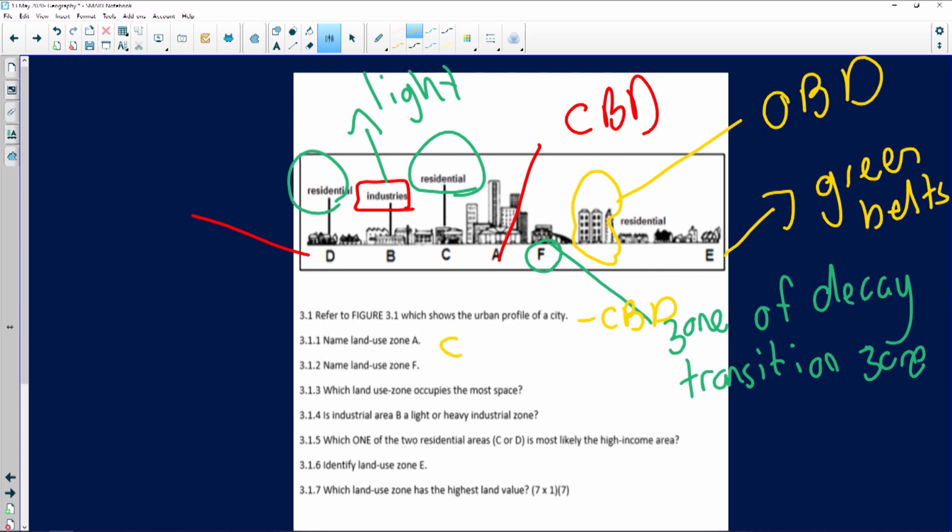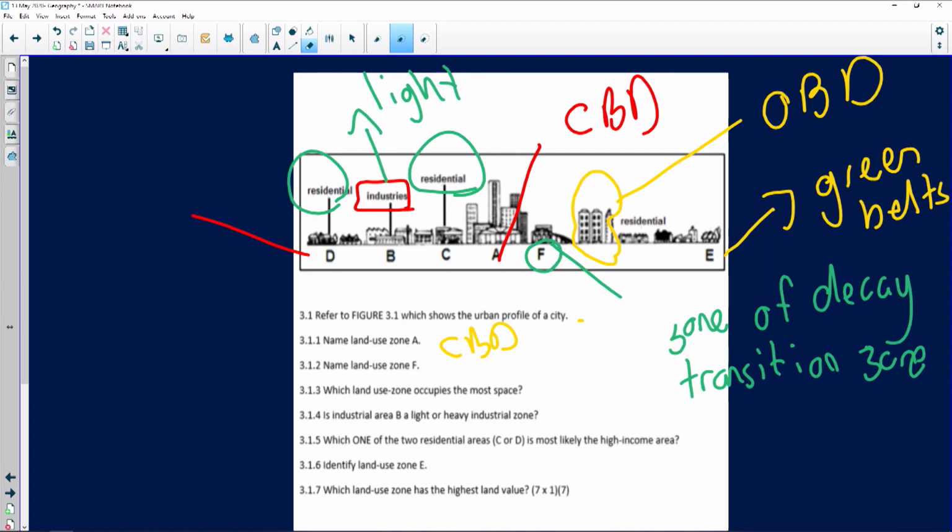Name the land use zone, sorry, wrong place, just wipe that out. Now, name land use zone F: this is the transition zone or the zone of decay. Once again, grade 12s, what is the transition zone or the zone of decay? It's an area just surrounding the CBD with mixed functions.